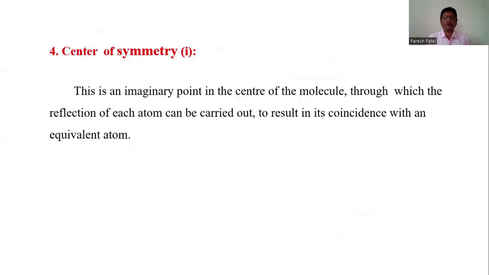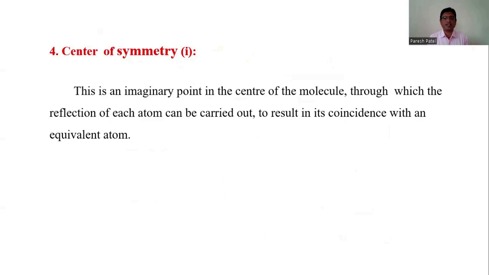Now, the fourth symmetry element is the center of symmetry. Center of symmetry can be designated by small i. This is an imaginary point in the center of the molecule, through which the reflection of each atom can be carried out to result in its coincidence with the equivalent atom.